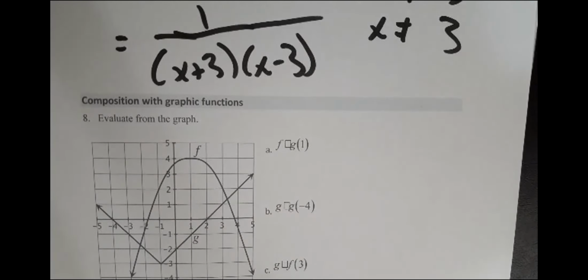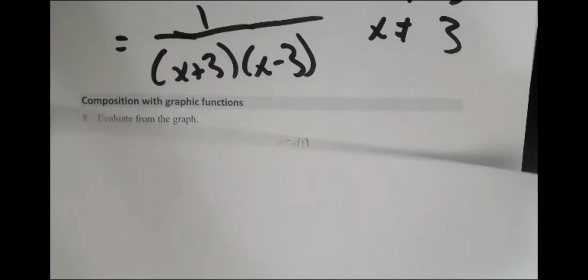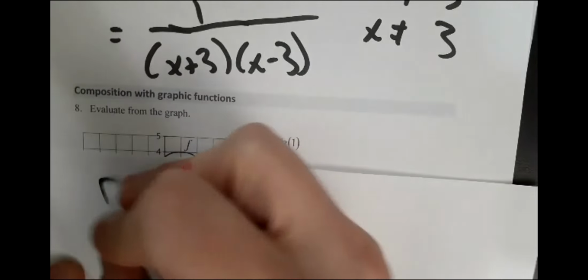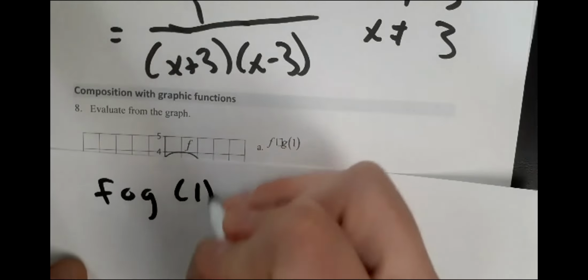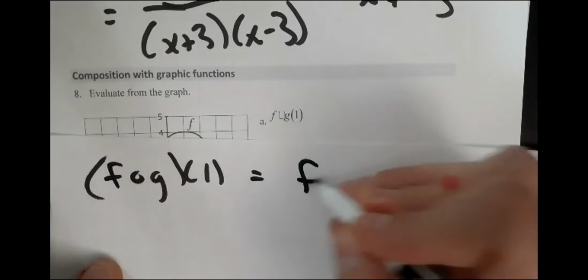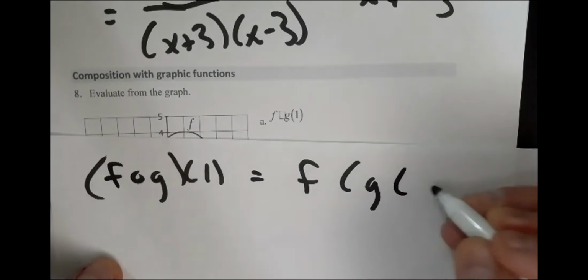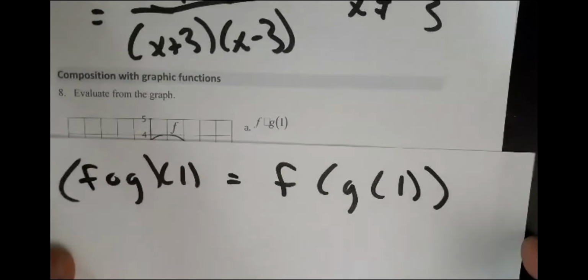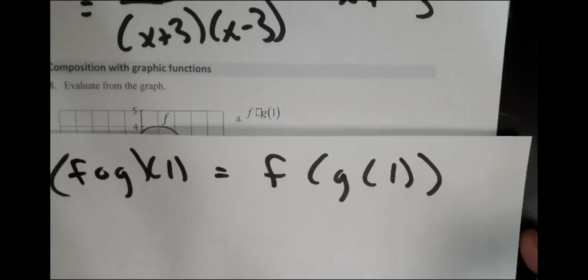And now we have a graphical interpretation of these things. You might want to notice I only use my x value once when I do composition of functions. So f of g of 1, you write out your definition, and you want to start with the inside out.